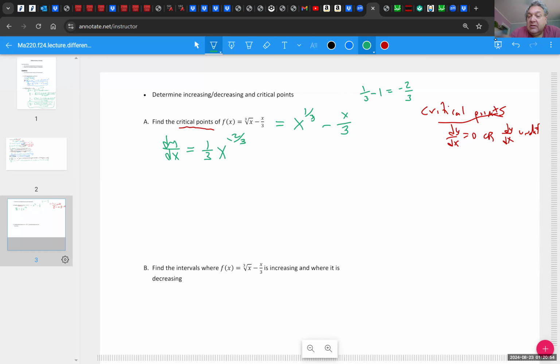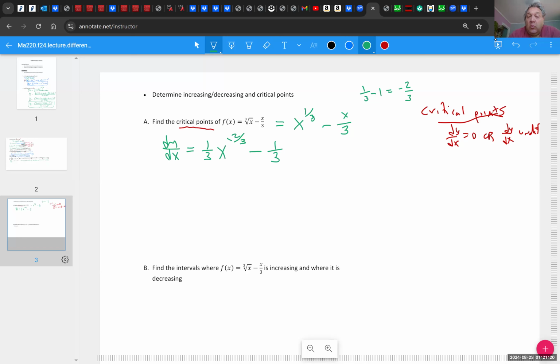This is a number times x. It's basically 1/3 times x, if you think of this as a number in front of x. Numbers being multiplied or divided to functions are not affected by the derivative. They don't go away, they just hang out there and stay multiplied. So this is still the 1/3, and the derivative of x is just 1. So that's my derivative formula.